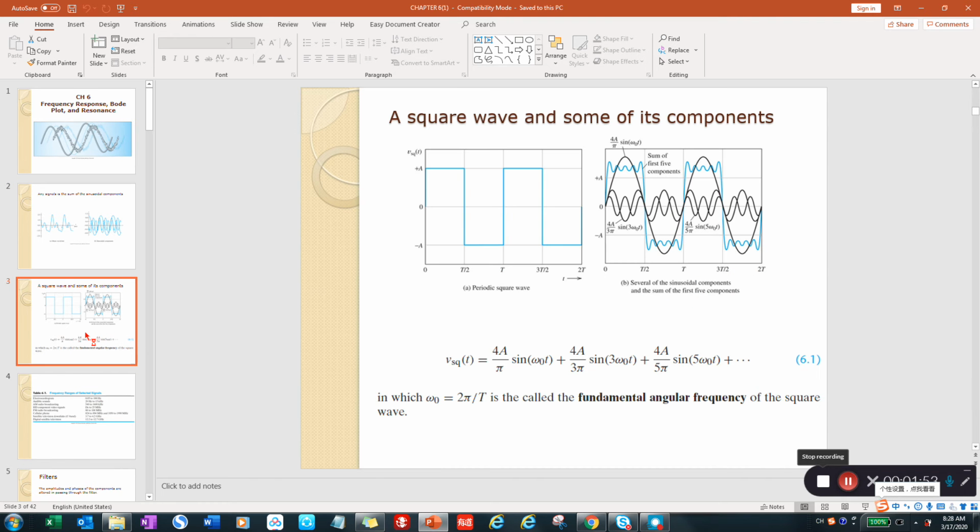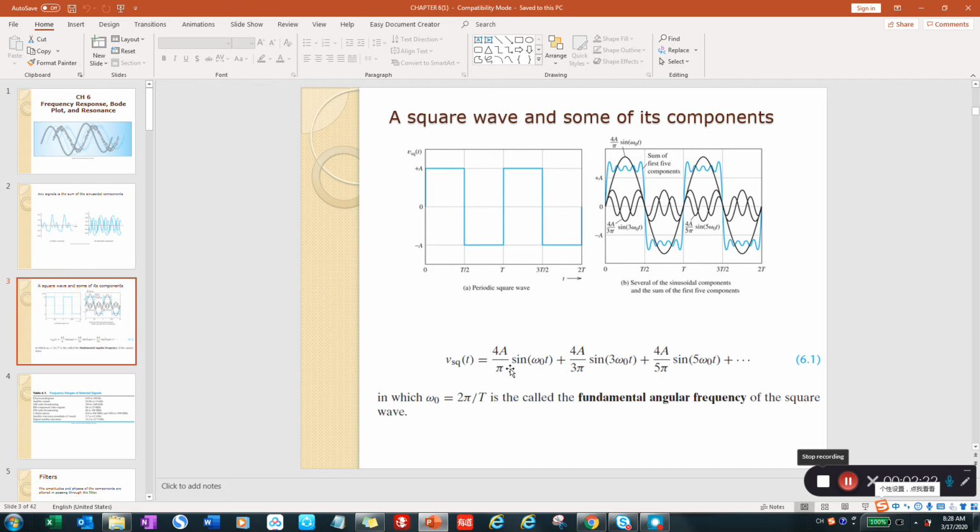Now let's look at another example. The left graph is the square wave, and the right-hand side are the sinusoidal components of this square wave. If you look at the Fourier series, you can see the square wave signal can be written as an infinite series of sinusoids. These sinusoidal components have different amplitudes.